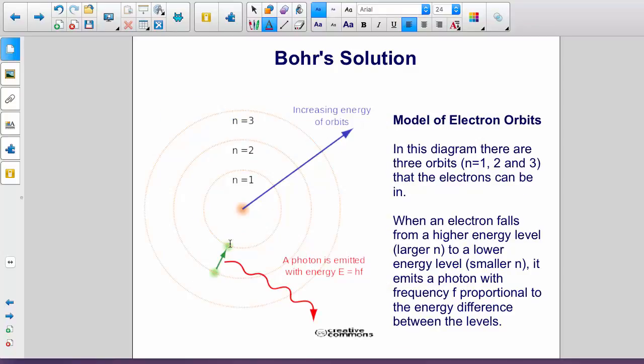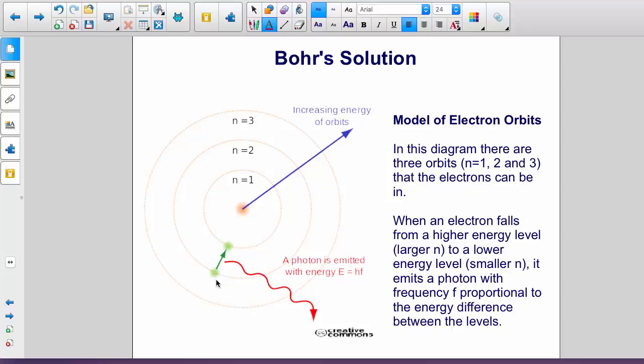Here's a diagram of the Bohr model. What we can see here are 3 orbits. We'll denote them n equals 1, 2, and 3. The higher the integer, the higher the energy of the orbit.